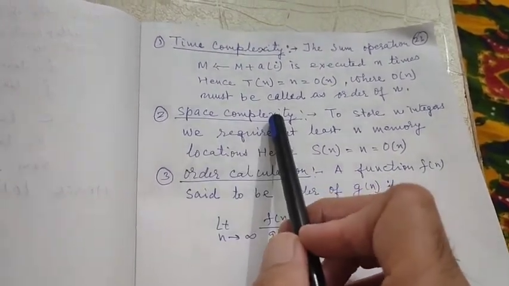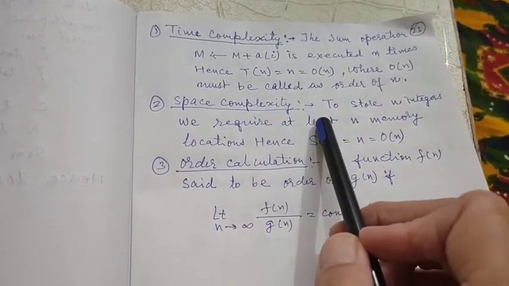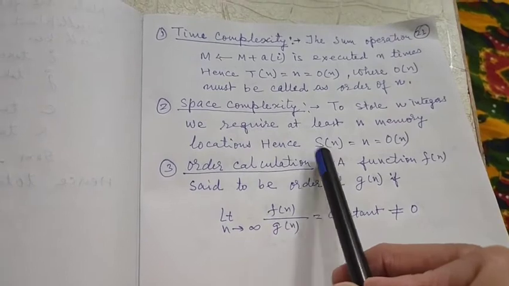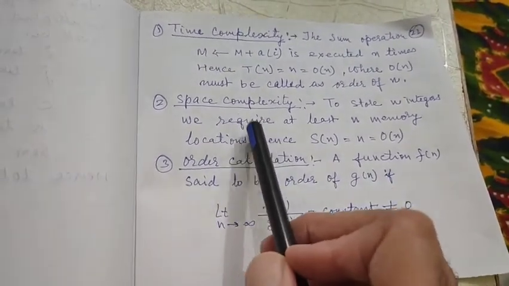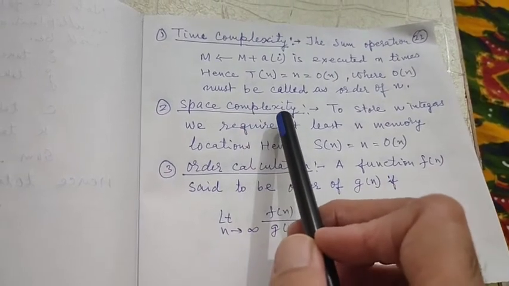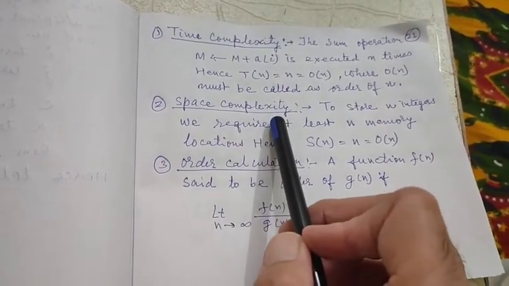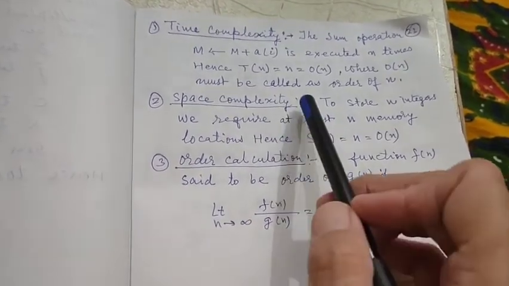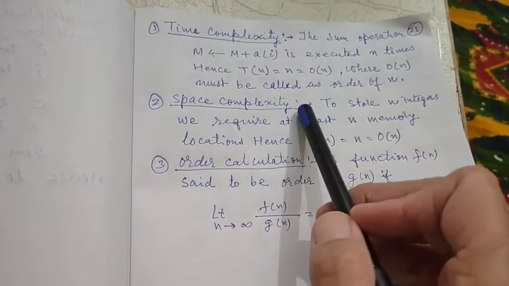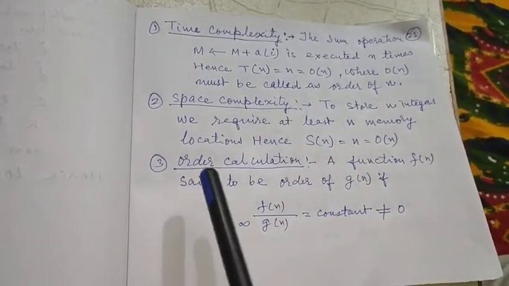Space complexity will depend on the compiler under which we execute the program. For C, integer will take 2 bytes, float will take 4 bytes, long integer will take 4 bytes. Therefore, space complexity will depend upon the requirement of the compiler.